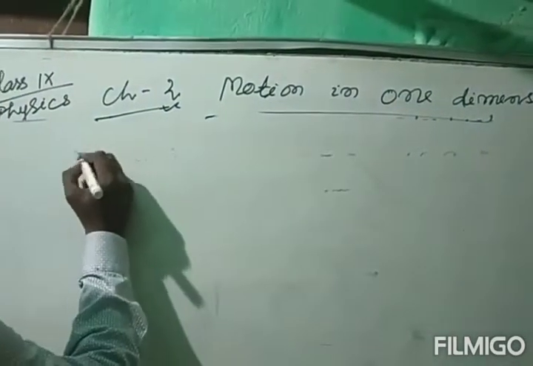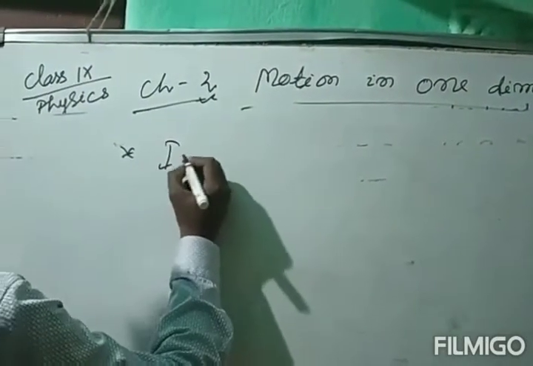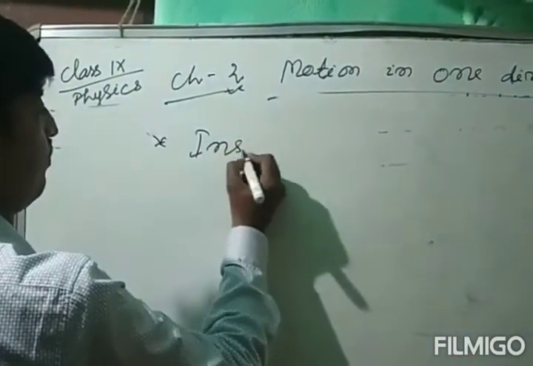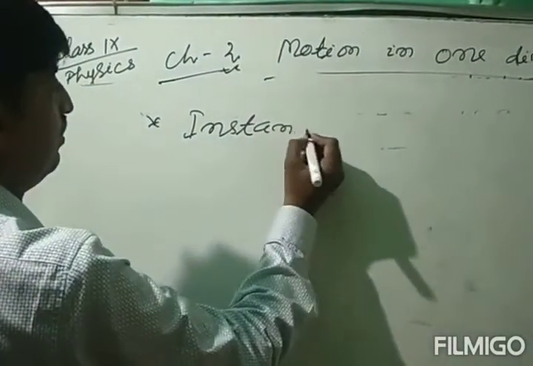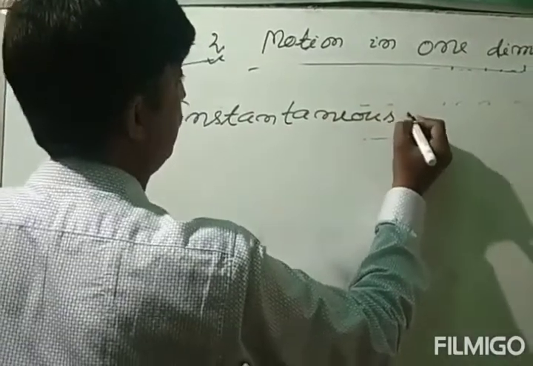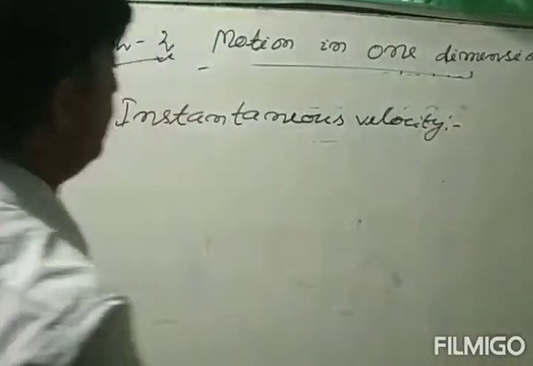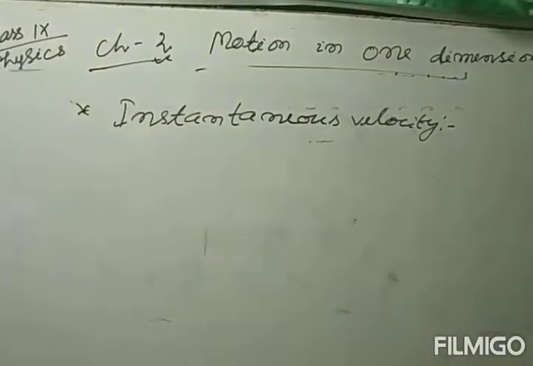Let us start the third type of velocity, that is instantaneous velocity. What is instantaneous velocity?